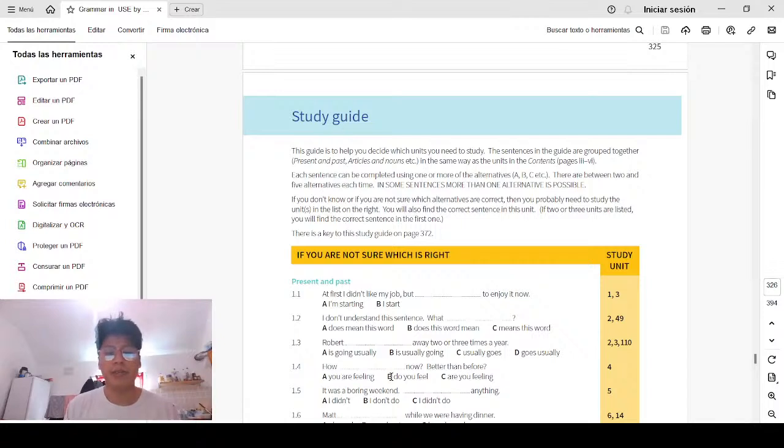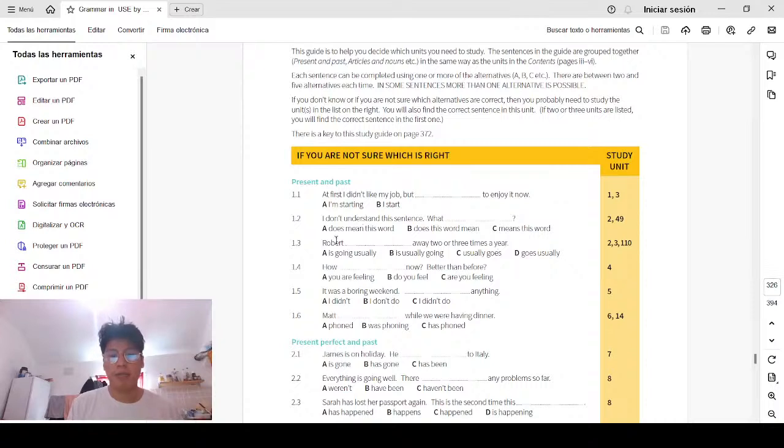In the list on the right, you will also find the correct sentence in this unit. If 2 or 3 units are listed, you will find the correct sentence in the first one. That's interesting. So basically, we're going to try to resolve each sentence. If you have time, you have to check this unit.